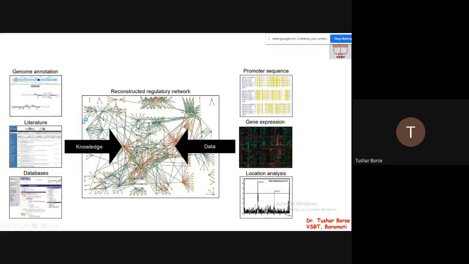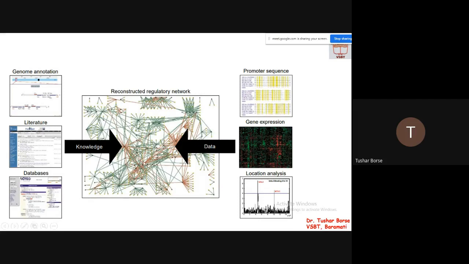So whatever regulatory networks are available, it could be a combination of your bottom up databases or the top down databases. So we are taking the information from all the possible databases which are available.